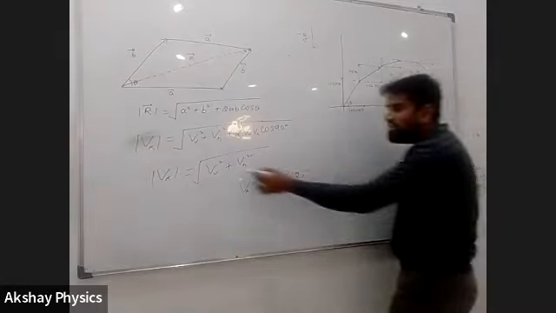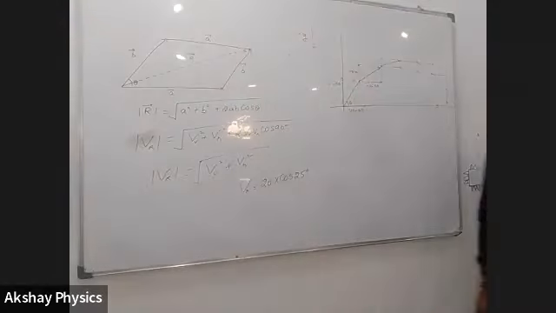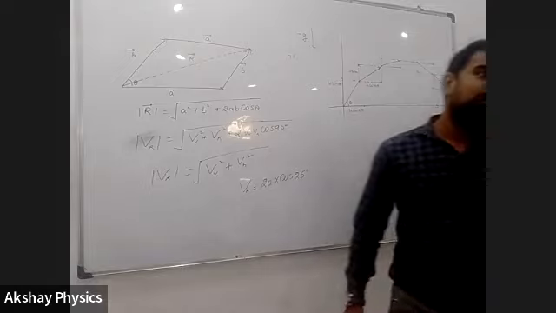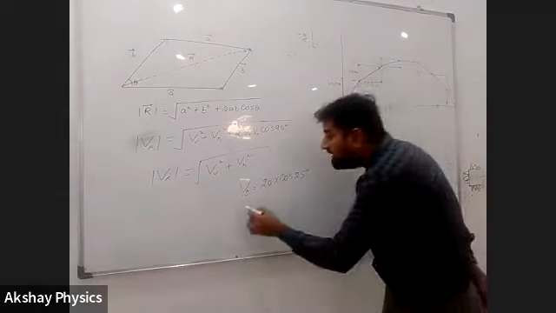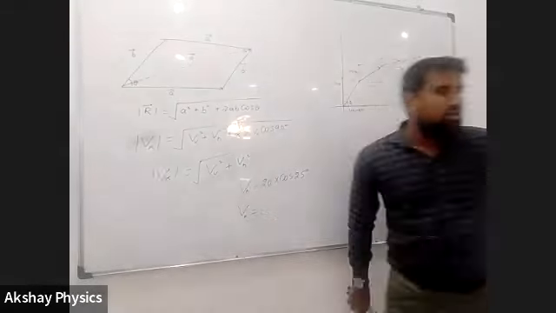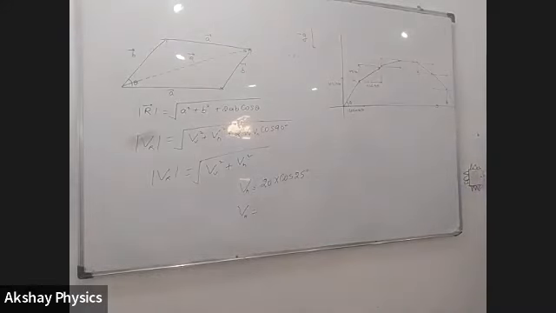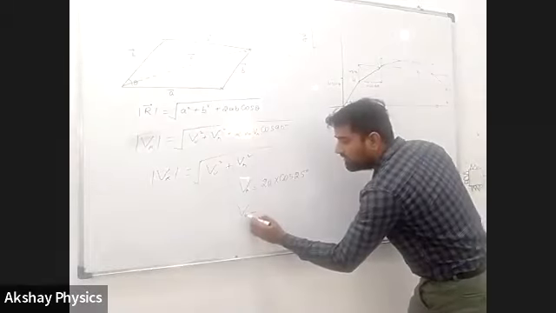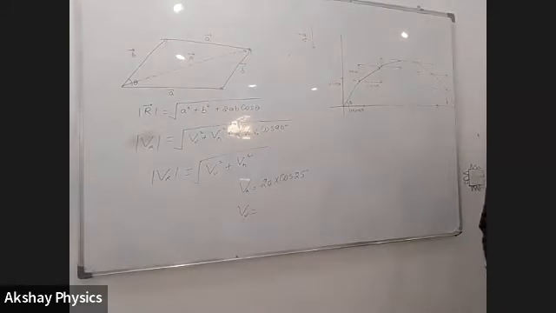Now what about V in the vertical direction? Can anybody tell me what V will be? How did you calculate the vertical direction velocity?